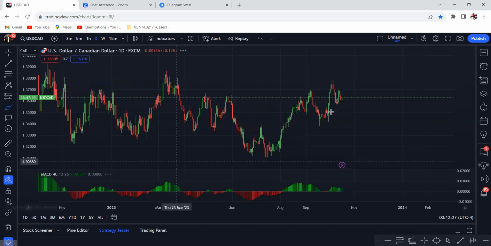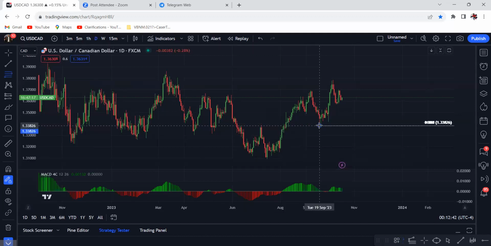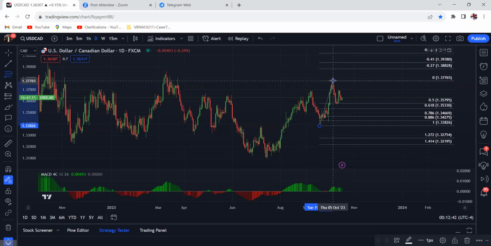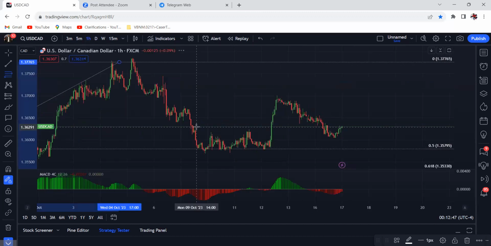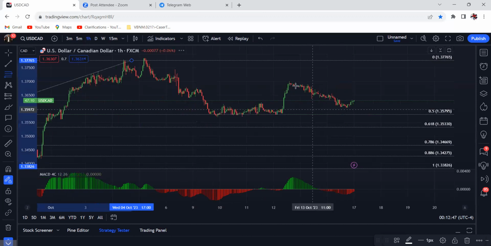So USD CAD, we got this uptrend here. Boom. Let's go up. Got a nice bullish flag right here of this going back up. Nice bullish flag.